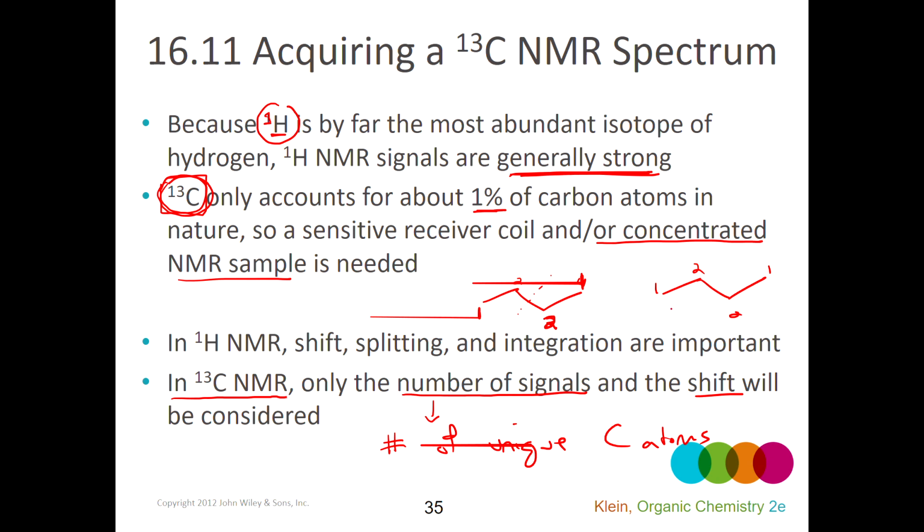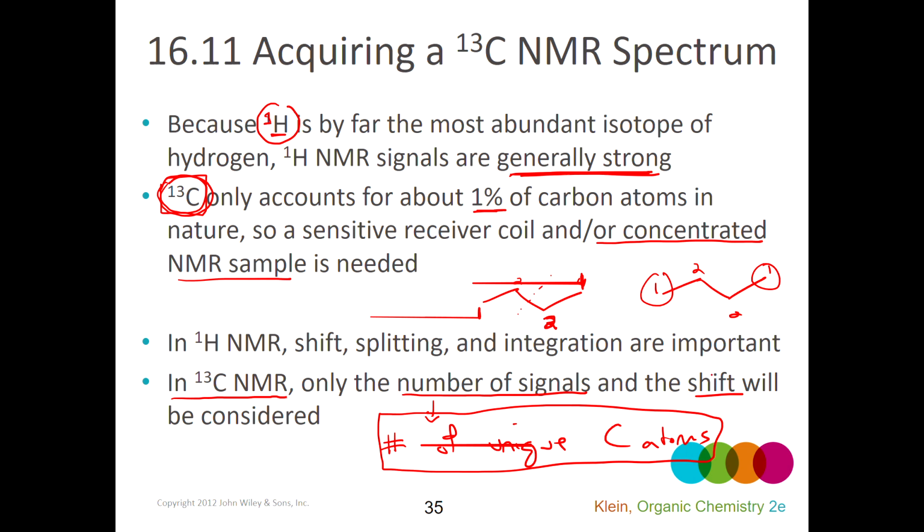So you still have to look out in a carbon NMR for the possibility of symmetry, because if 2 carbons are identical in terms of their environments, they'll give the same signal appearing in the same spot, and I'll only see 1 signal for both carbons. So what's nice about the carbon NMR is it gives you a number of signals that's either the total number of carbons or less if there happens to be some symmetry in the structure.